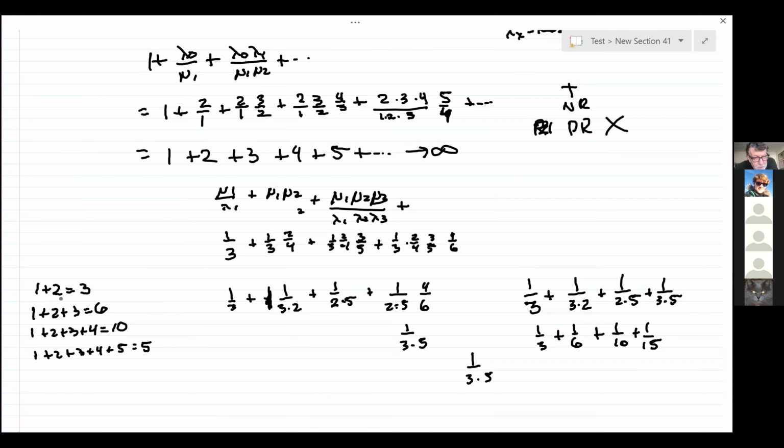And we know how to sum them. In general, if you wanted to sum the integers 1, 2, up to n, that would be n times n plus 1 over 2. That's a well-known formula. So what am I suggesting? I'm suggesting this looks like 1 over the sum of the integers.